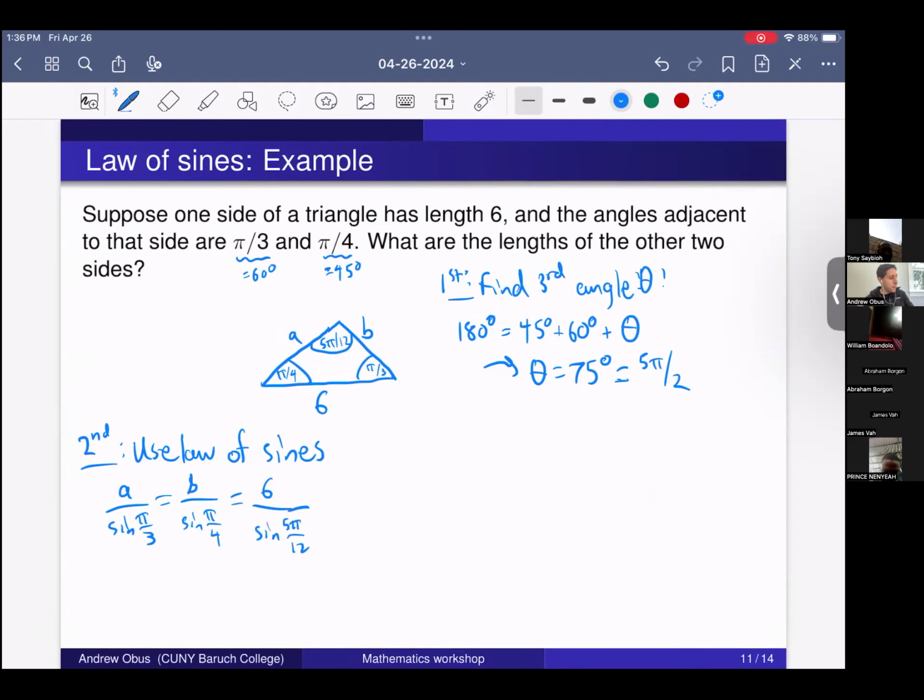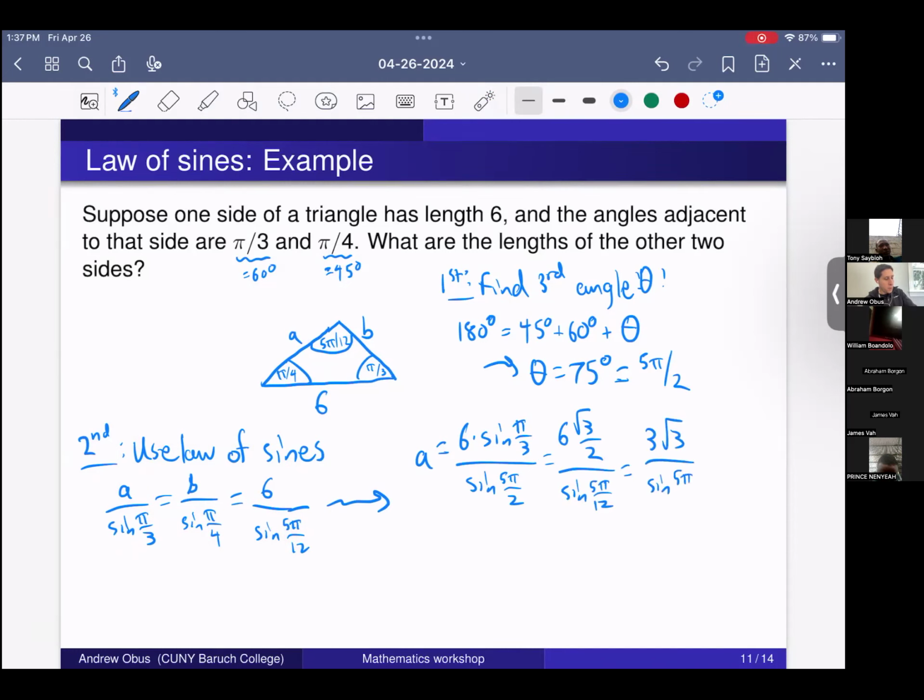Now we can use each of these equations to solve for A. A over sine pi over 3 equals 6 over sine 5 pi over 12, so I can just multiply by sine pi over 3. So A is equal to 6 times sine pi over 3 divided by sine 5 pi over 12, which is the same as 6 times square root of 3 over 2 divided by sine 5 pi over 12, which is the same as 3 square root of 3 divided by sine 5 pi over 12.